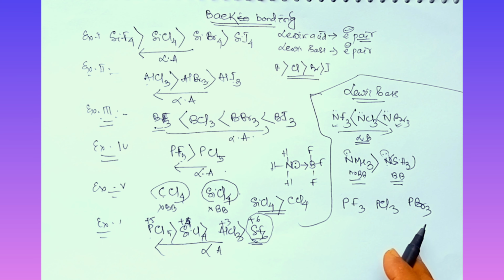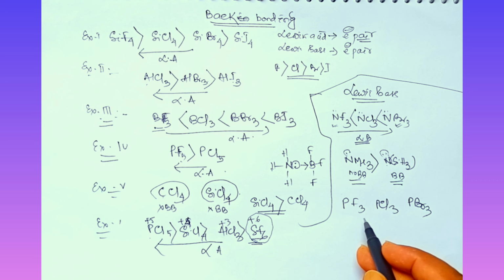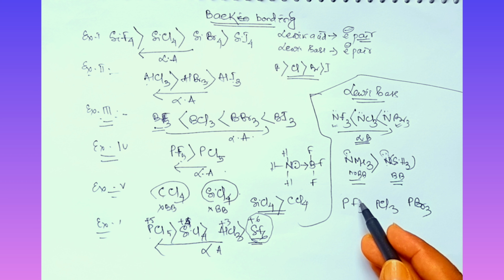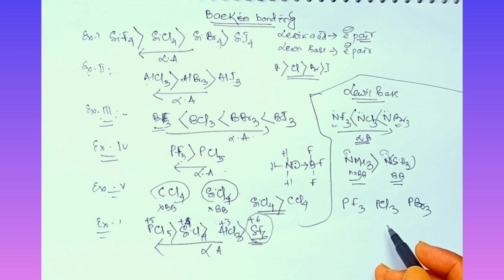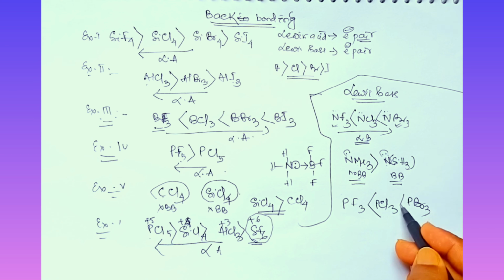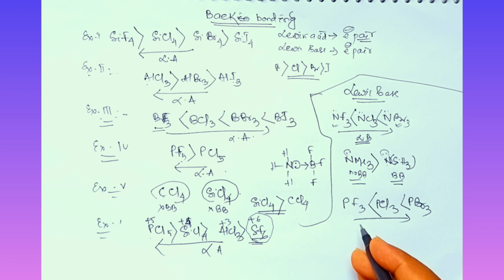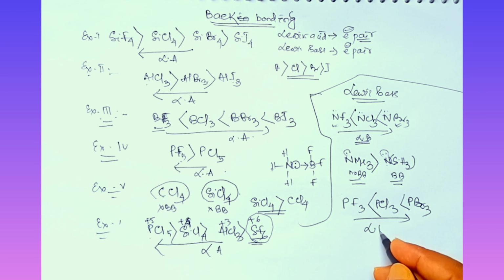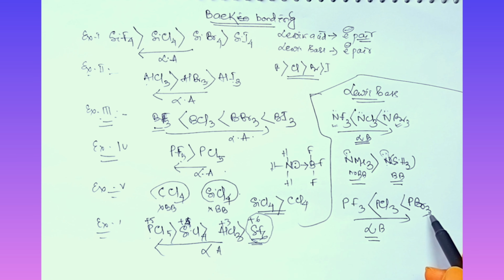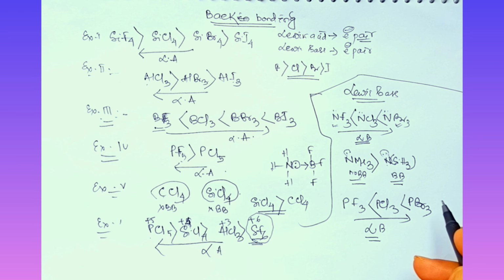Directly we go to the electronegativity concept: fluorine has the highest electronegativity value, so it will attract the lone pair present over phosphorus with greater force. That means its Lewis base character decreases, so it will follow this trend. PF3 will be the least Lewis base and PBr3 will be the strongest Lewis base.